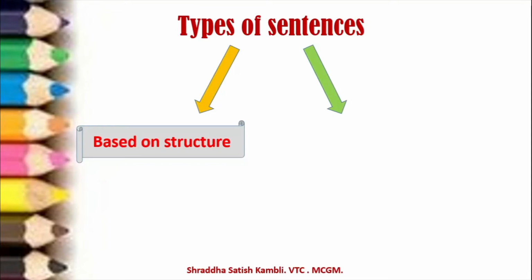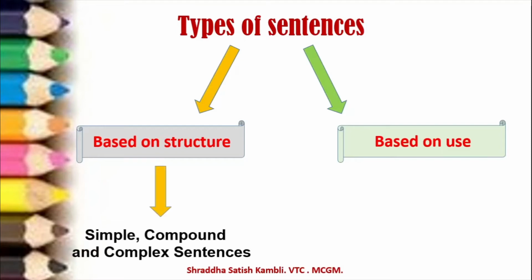The second type is sentences based on use. So when I say types of sentences, remember that there should be two different compartments in your head. So sentences can be put into two broad categories as sentences based on structure and sentences based on use.